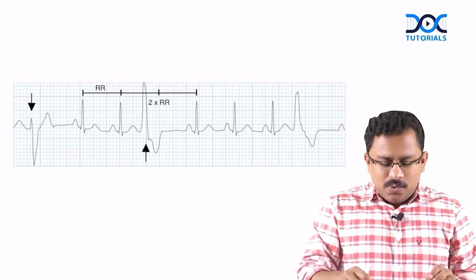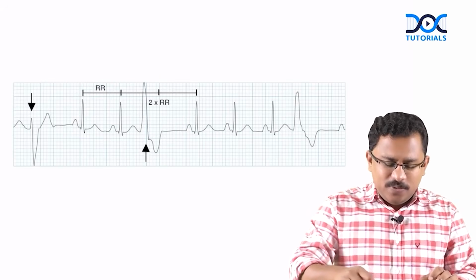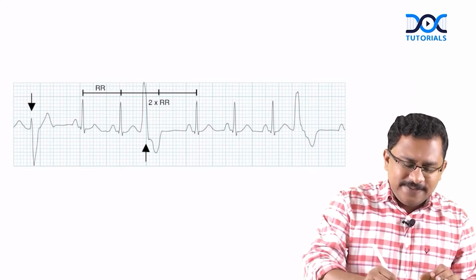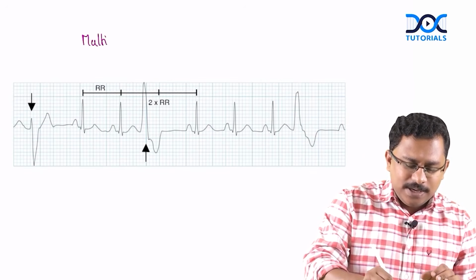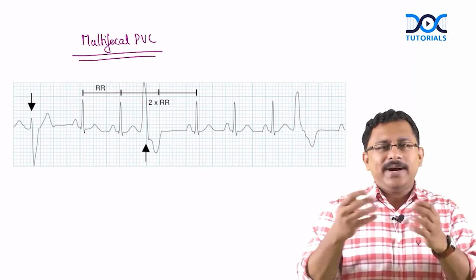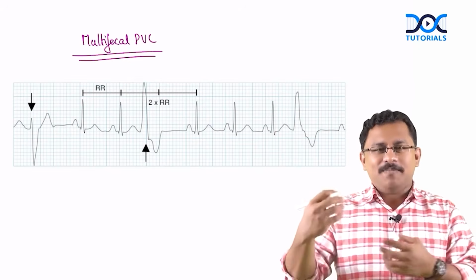Okay, so what happens is you can have, in one individual, even multifocal PVCs as well. So this is an ECG where the individual has multifocal PVCs. How did I identify that there are ectopic impulses from multiple sites?